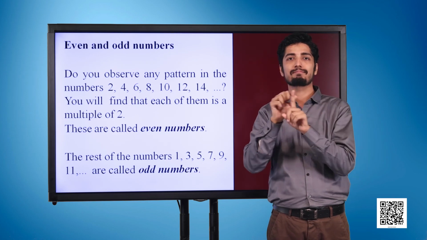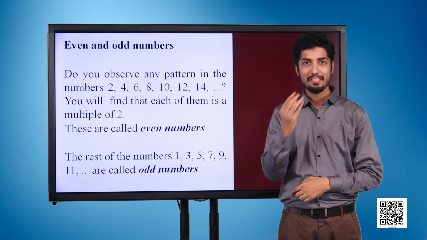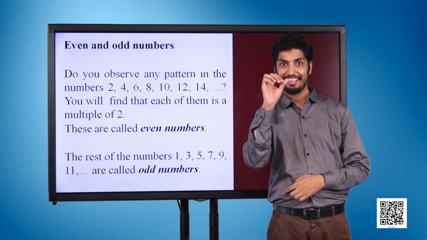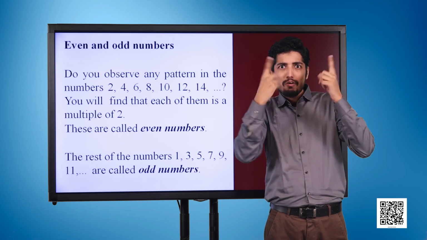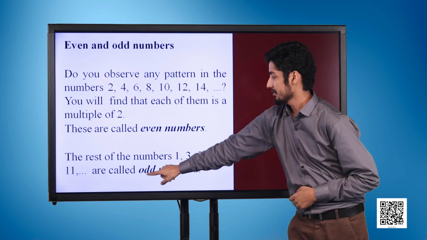You will find that each of them is a multiple of 2. These are called even numbers. The rest of the numbers 1, 3, 5, 7, 9, 11, and so on are called odd numbers.